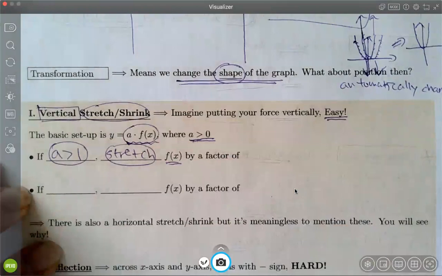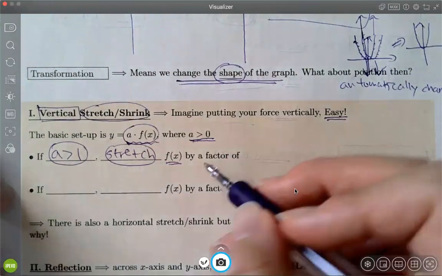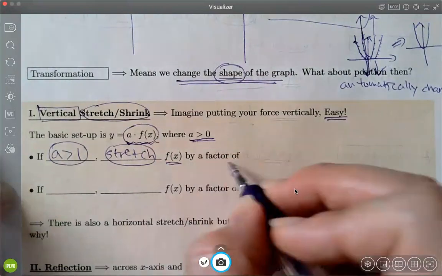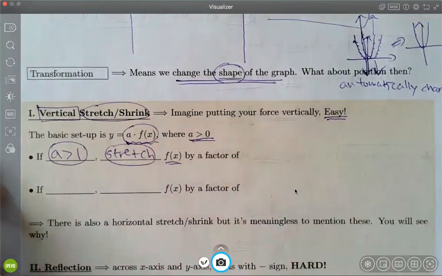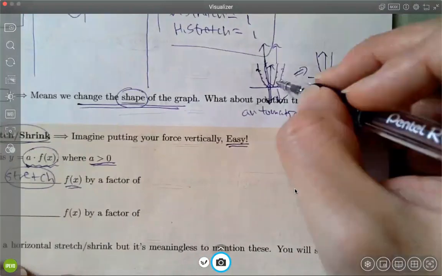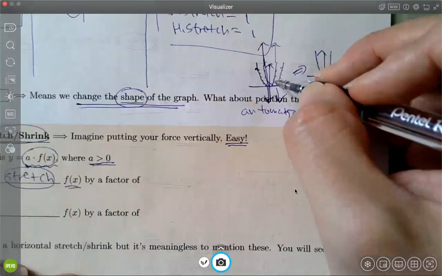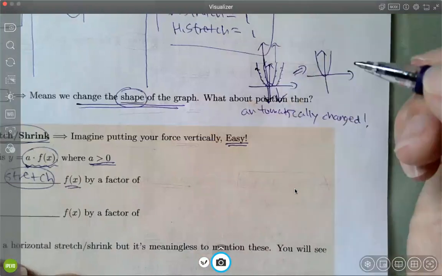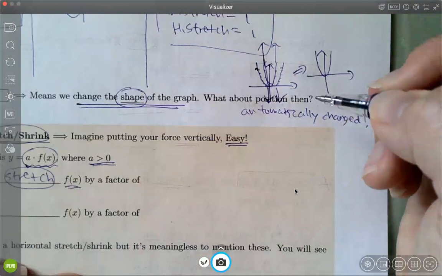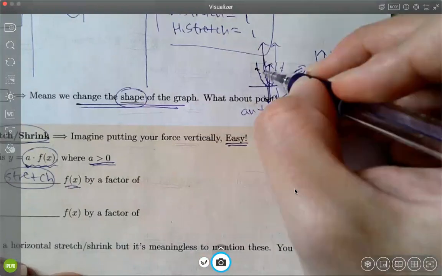So this means stretch f of x. And now, instead of by how many units, we have by a factor of. And what's the reason? Going back to this kind of ugly picture here, it doesn't make sense to talk about the distance of stretch, because here the distance is all different.